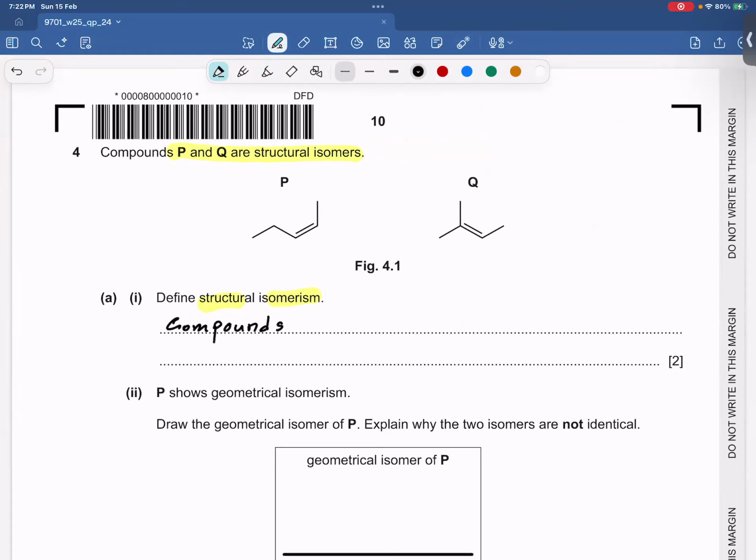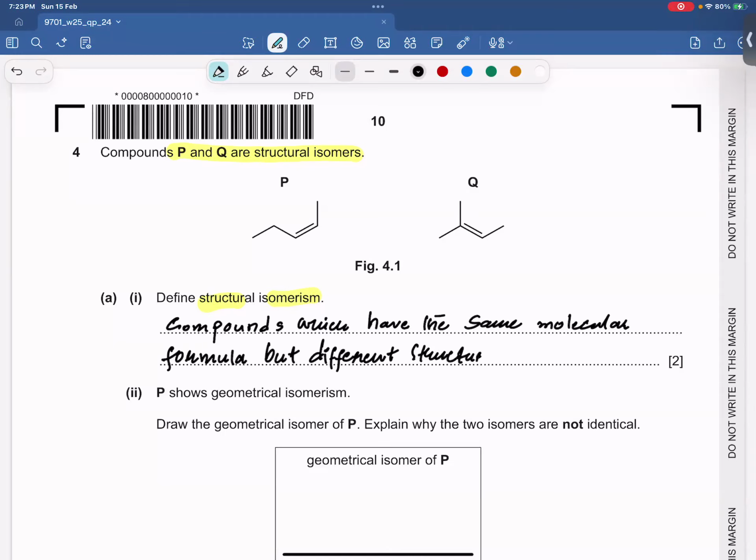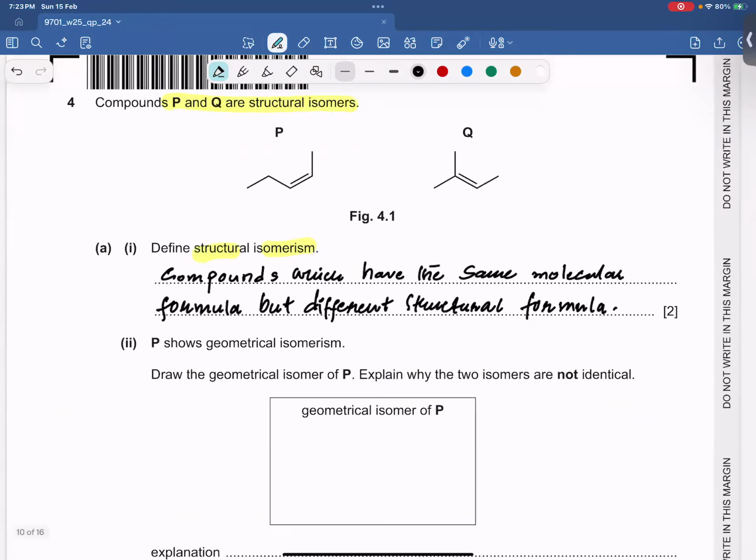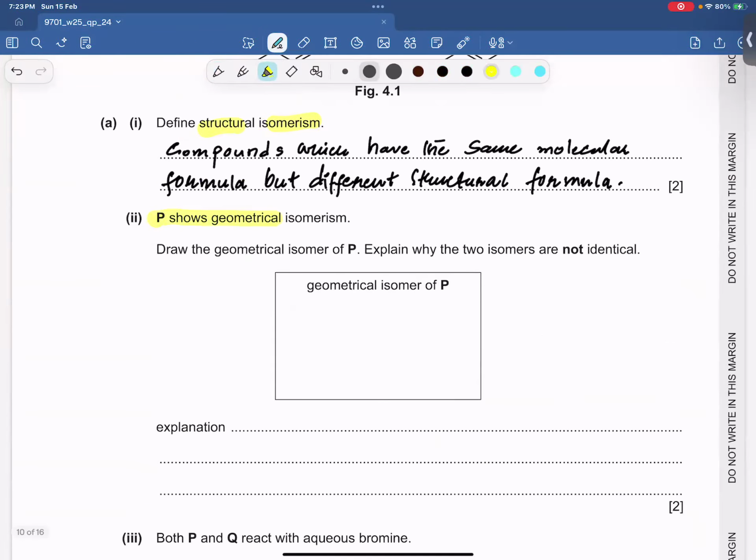Compounds which have the same molecular formula but different structural formula.